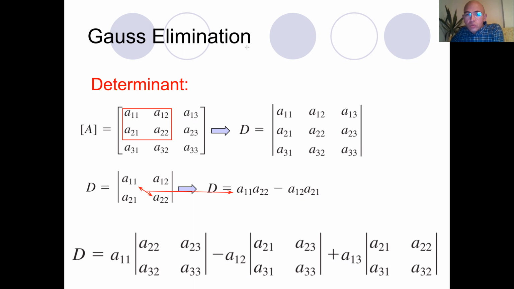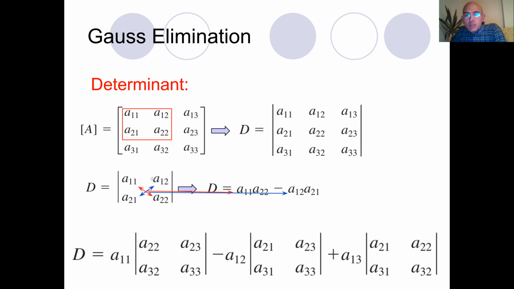Then we multiply the two others, A21 by A12, and this gives me this term. Then I subtract the second one from the first one. This is the determinant of a 2 by 2 matrix. Certainly, we can calculate it only for square matrices. So what is a square matrix? The number of columns is equal to the number of rows.